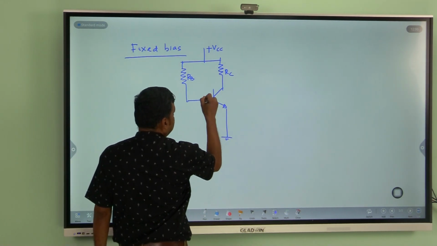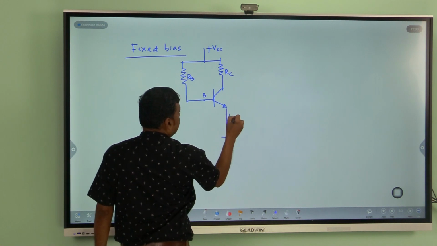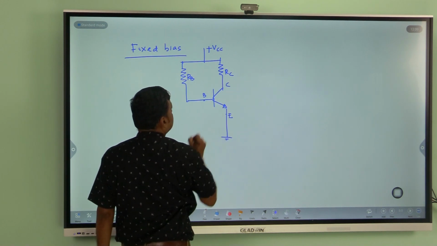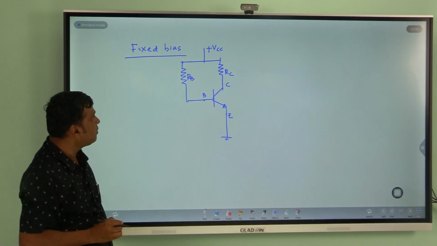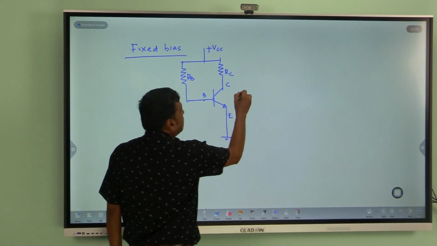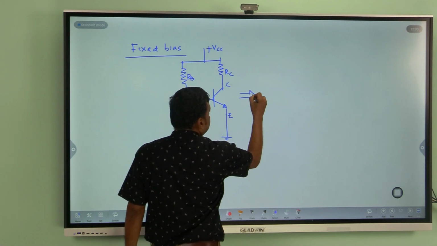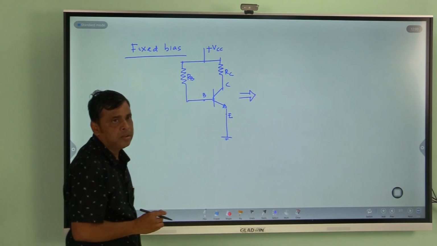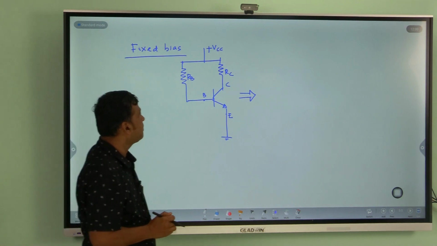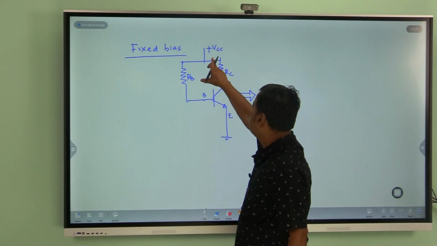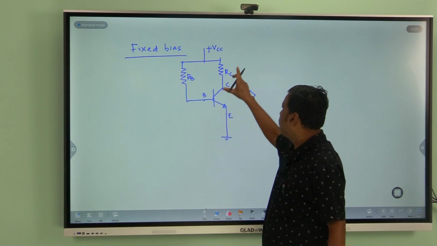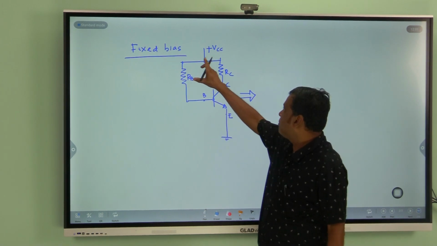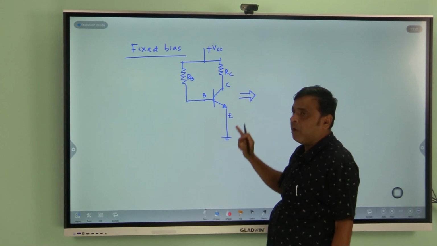This part is your base, this is your emitter and this is your collector. This is your fixed bias method. I can simplify this circuit so that it will be easy for you. This is your plus VCC, remember this is your plus VCC supplied to both input loop and output loop.